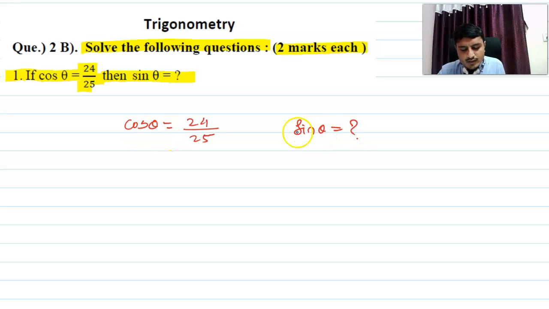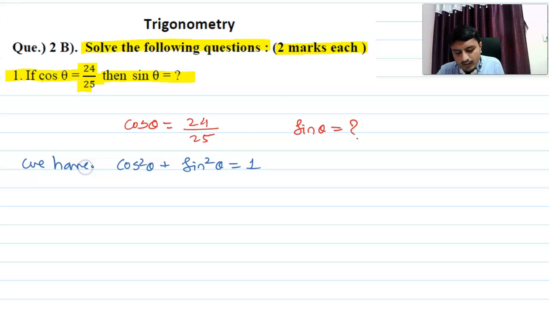So look at the relation between the trigonometric ratios sin theta and cos theta. As per the fundamental trigonometric identity, we have cos square of theta plus sin square of theta equals 1.